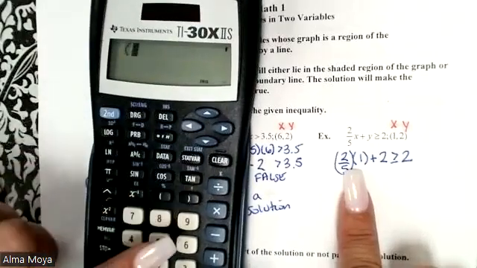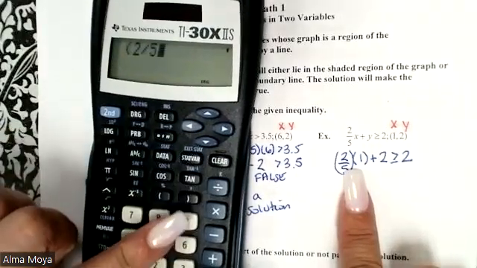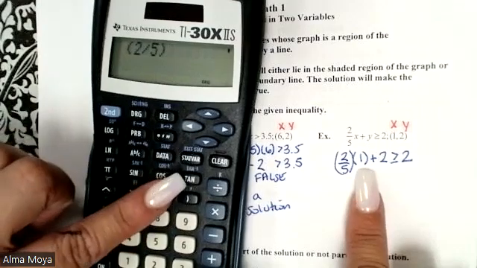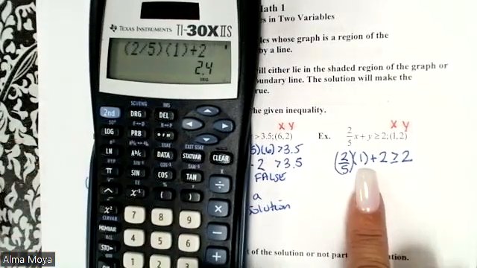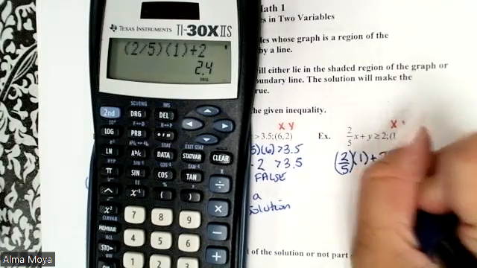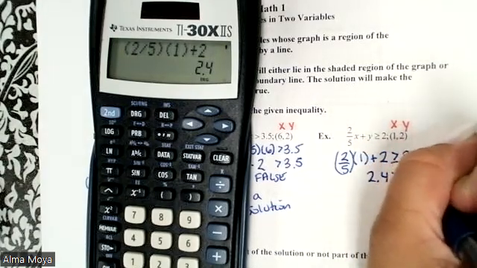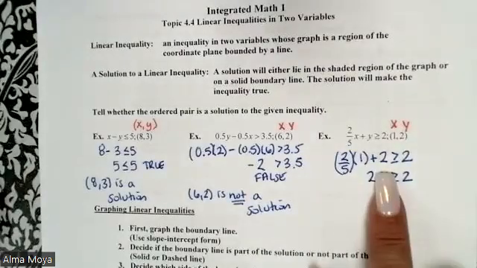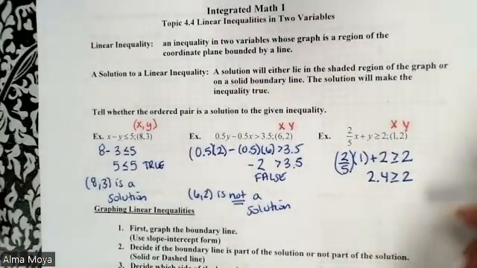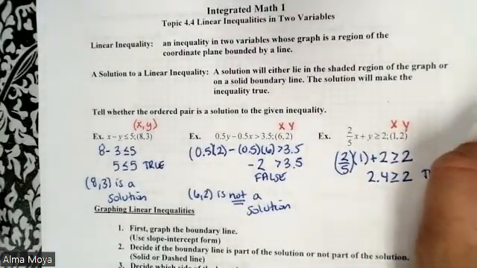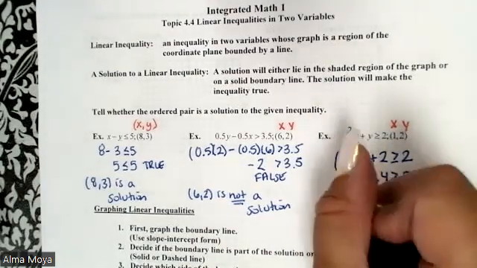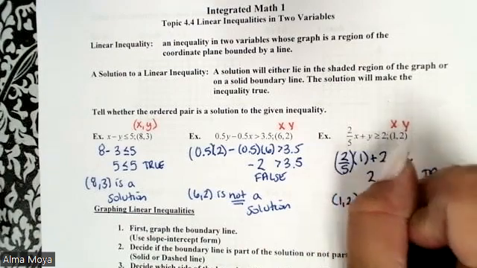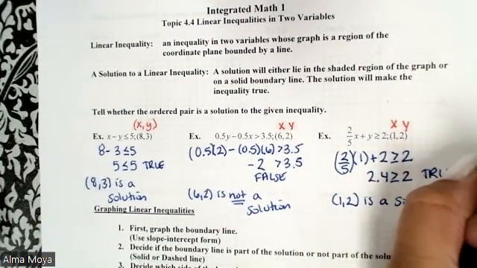So here's a parenthesis, 2 divided by 5, close my parenthesis, parenthesis 1 plus 2. So that's going to be 2.4. 2.4 is greater than or equal to 2. So this is true. Because that is true, (1, 2) is a solution.